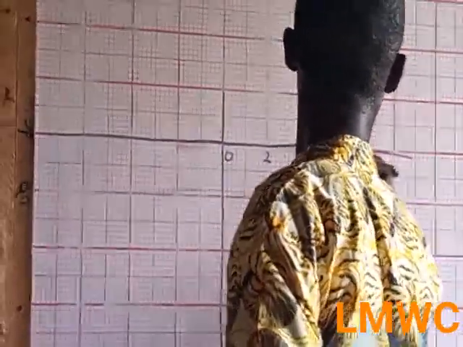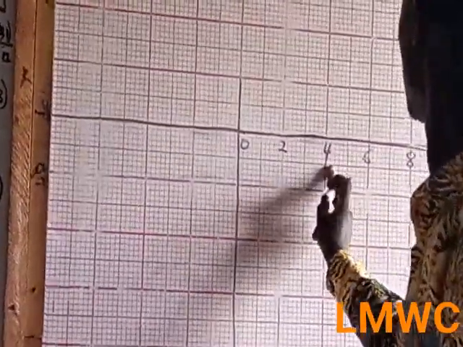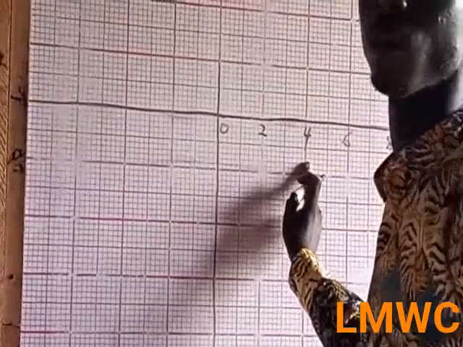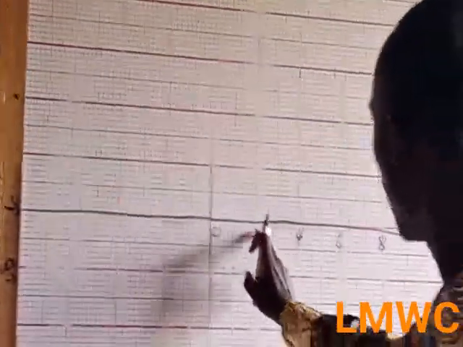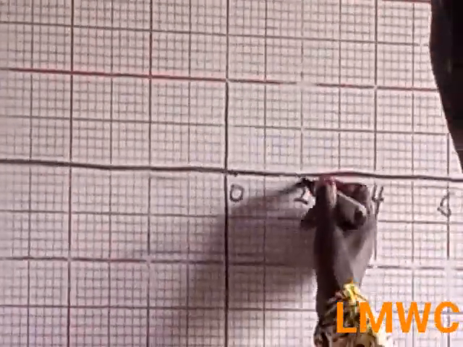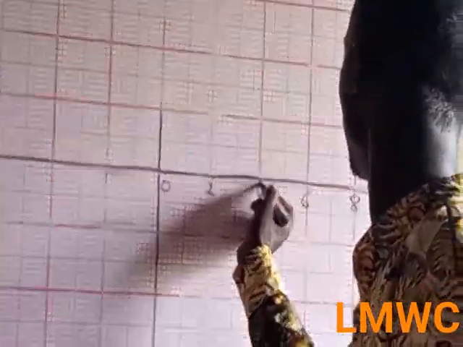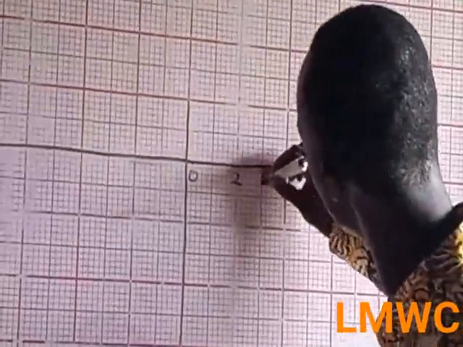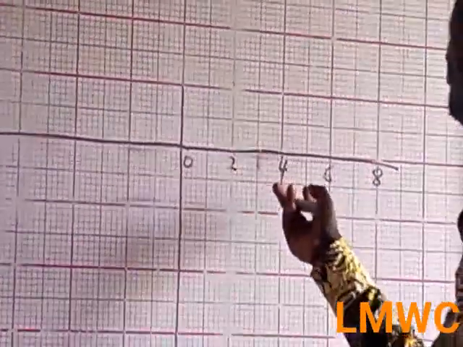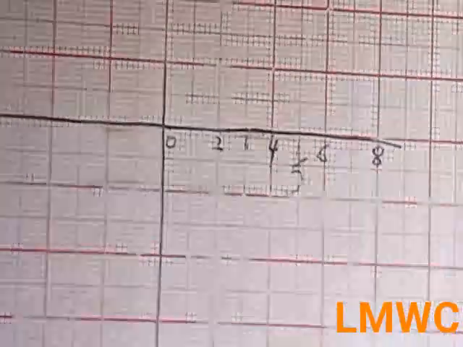So this is 0, 2, 4, 6, 8. You see, in between 2 and 4 is 3, but one may ask, how will you locate this 3? If you count the number of boxes, it's 10. 1, 2, 3, 4, 5, 6, 7, 8, 9, 10. This means half of 10 is 5. So this 5, we count it as 1. So 2 plus 1 is 3. This line in between divides it into 2. So this is 5. That's what I meant.